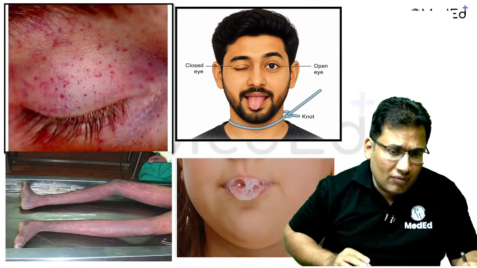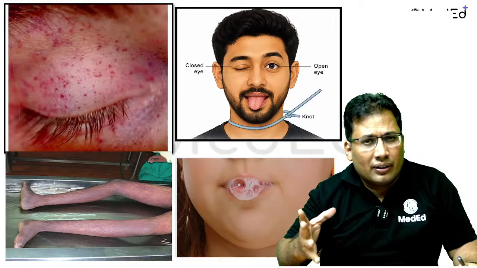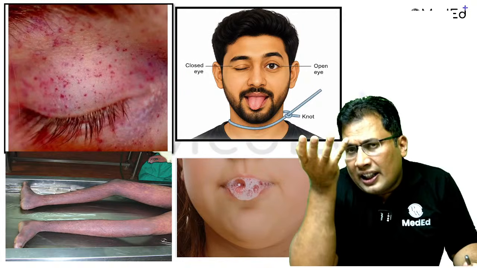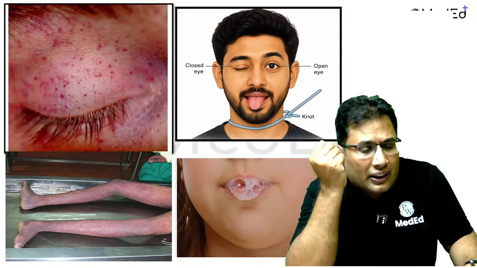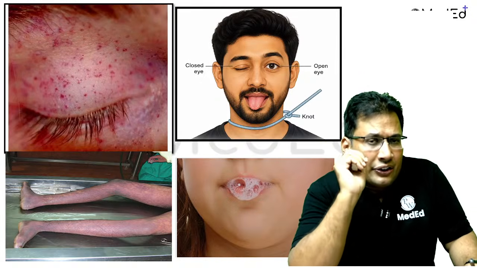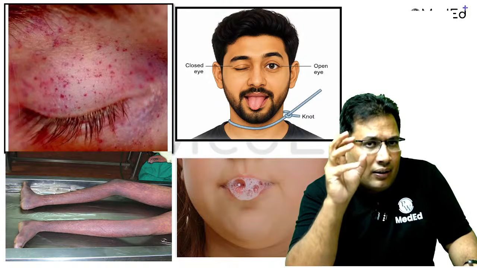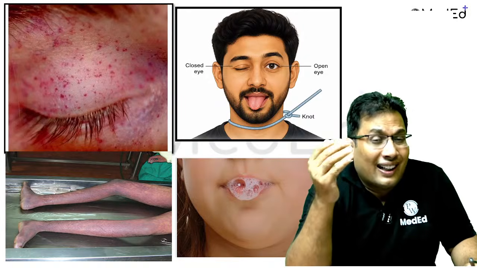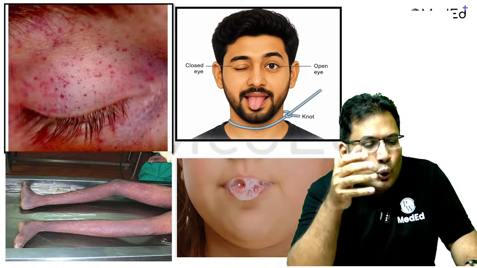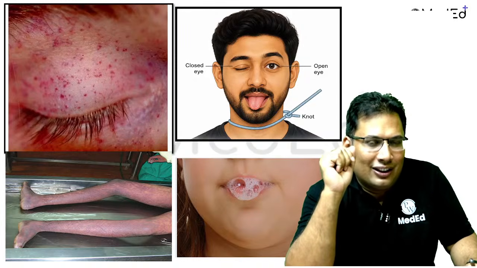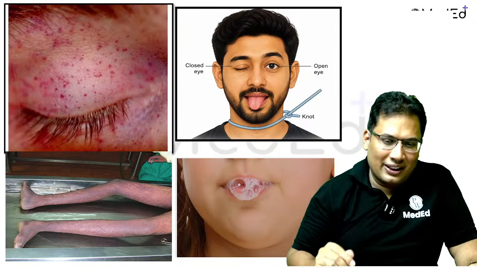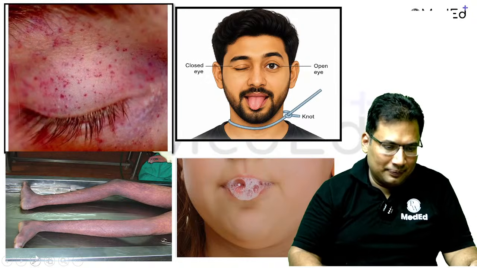In the second image, one eye is open, the other eye is closed, and the pupil is more dilated on the same side. What is that? The third picture is a reddish purple appearance of the lower limbs. And the fourth picture is dribbling of saliva.